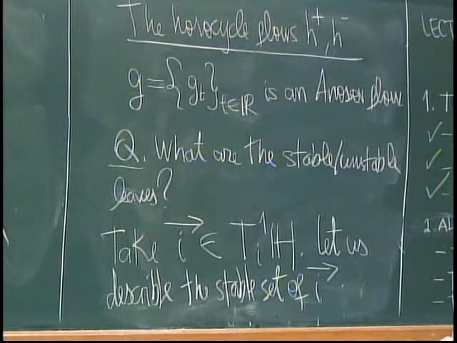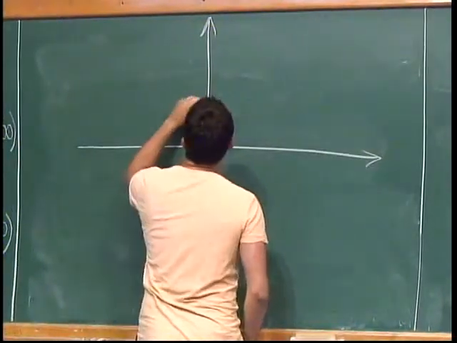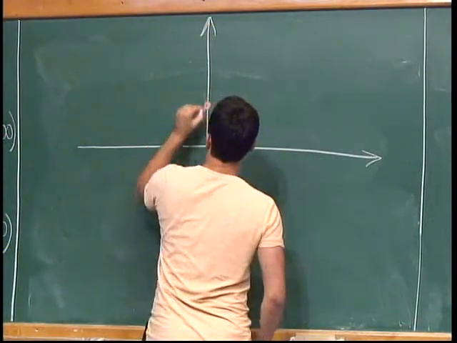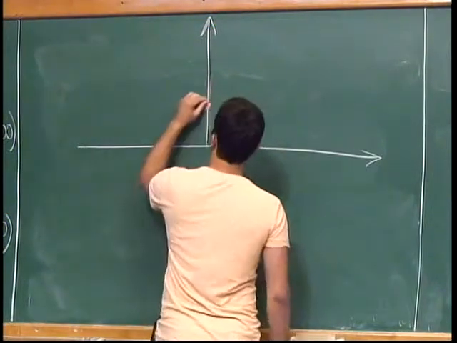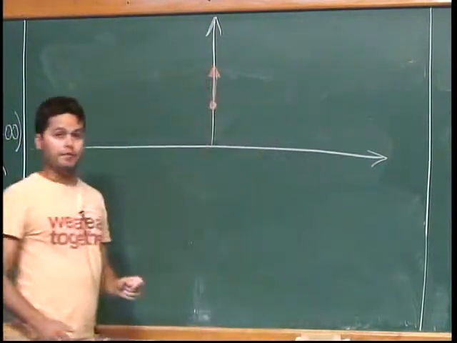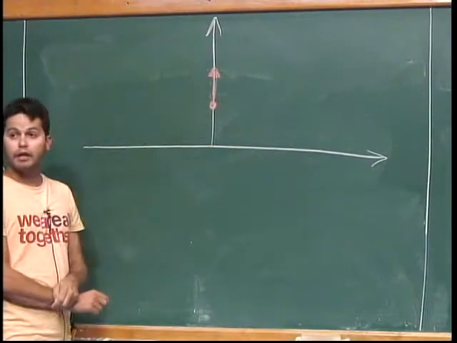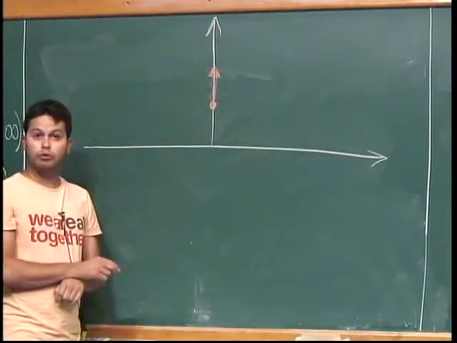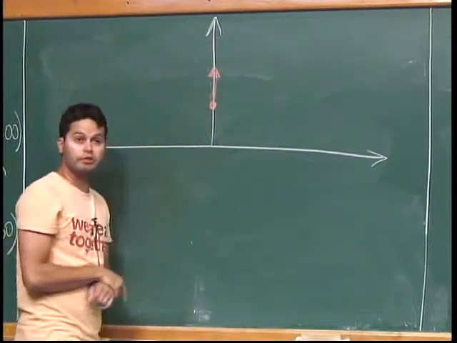So we have here the upper half plane again, and we are fixing this vector here. Okay? So the stable set is the set of vectors for which the future under the geodesic flow is the same as the future of this guy here. But what is the future of this guy? Well, we walk on the geodesic. And to walk on the geodesic, you just translate this point upwards, right? Because you know that the vertical line here is a geodesic.